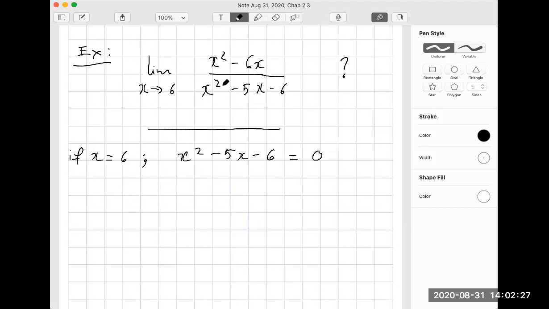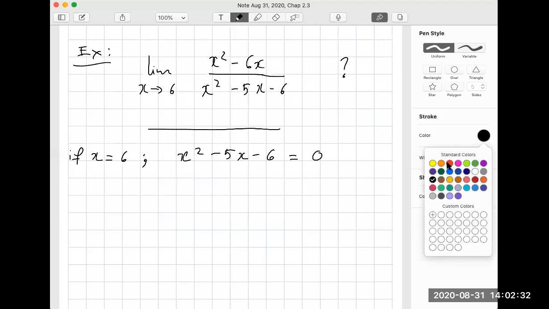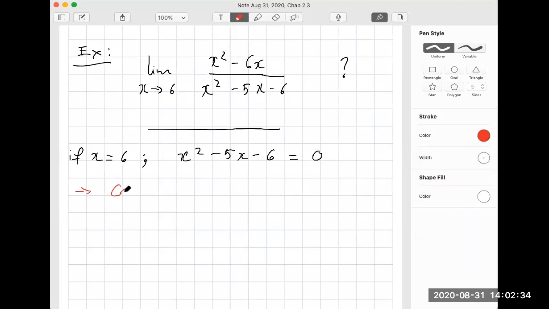So we cannot substitute it into this function. Right, we cannot do that. So what we need to do is to simplify it and see if we can come up with a better expression of this function, right?